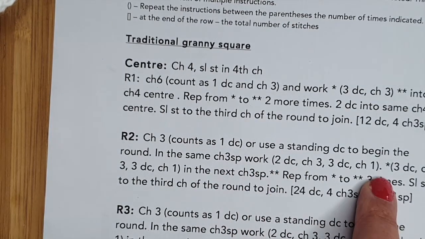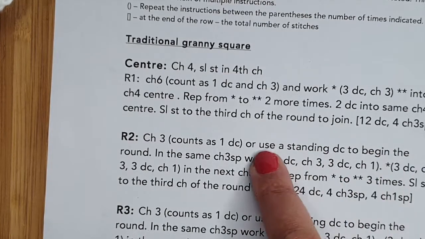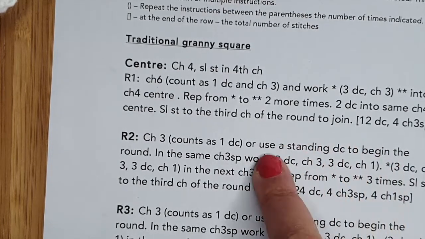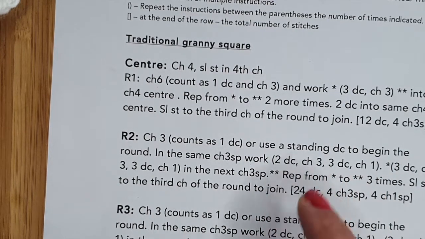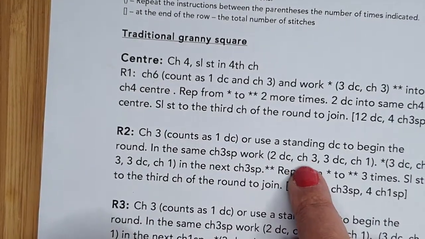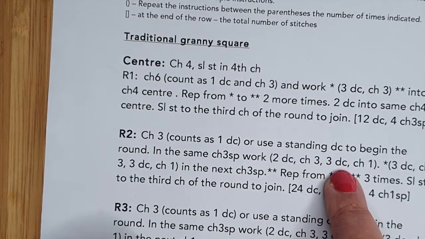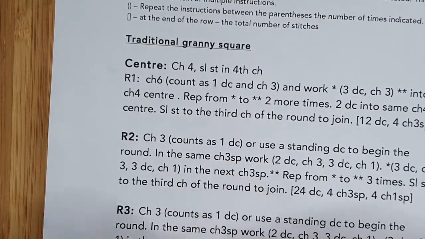Now again, I get these brackets, so those are seen as one instruction that I have to follow. So I see that as a grouping of stitches together, and they are all repeating. So then I do 2 double crochets, chain 3, 3 double crochets, chain 1, into that same chain space.